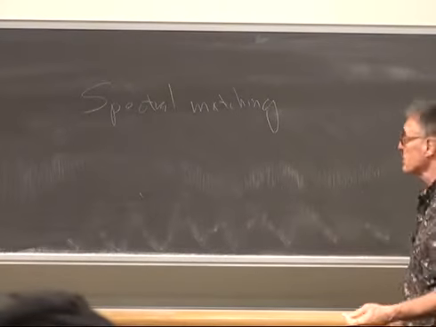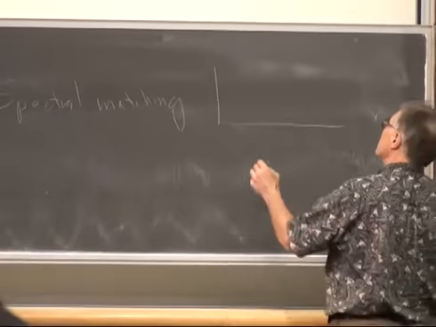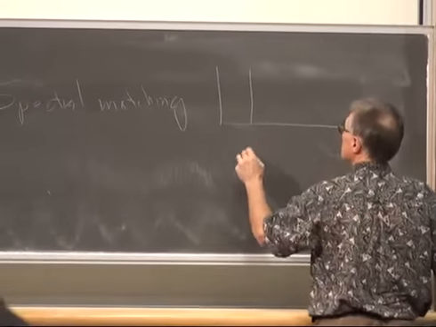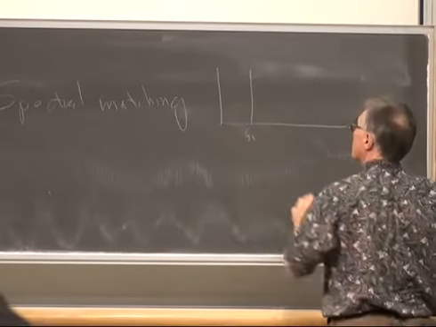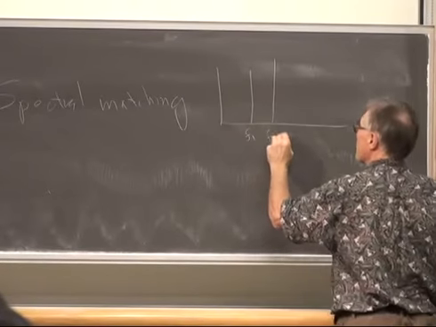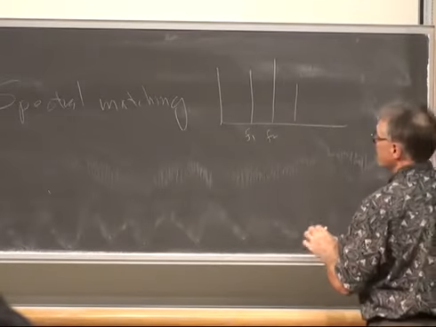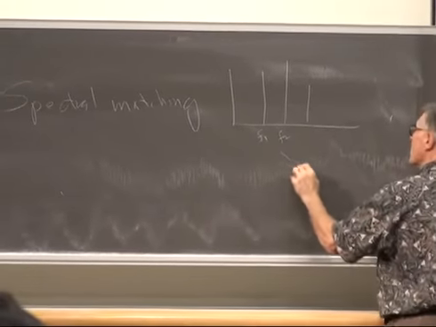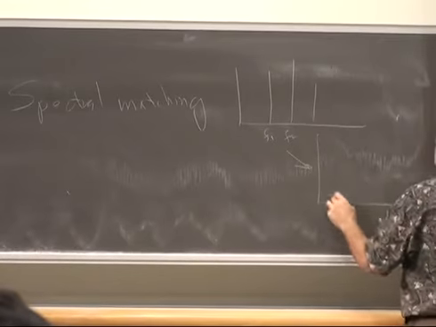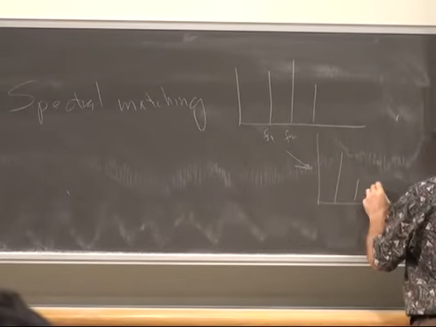For instance, a guitar string, when it's first plucked, is going to produce a fairly loud fundamental, but an even louder second harmonic. And then sometime later, the spectrum will look like this.